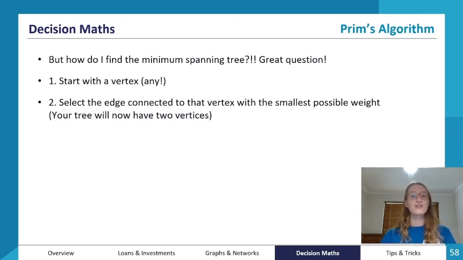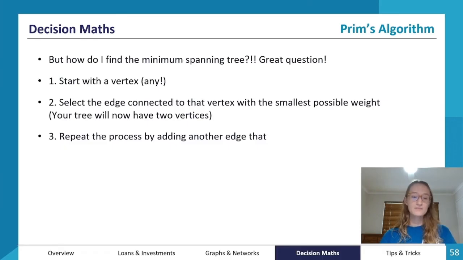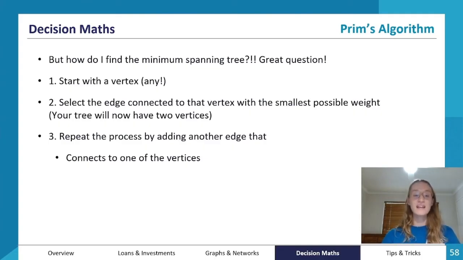And then now what you're going to do is move around the rest of the graph, connecting in every single vertex by using the smallest possible weight. So you keep adding edge after edge with the smallest possible weight. You add another edge that's connected to one of the vertices that's already in your graph and also has the smallest weight.